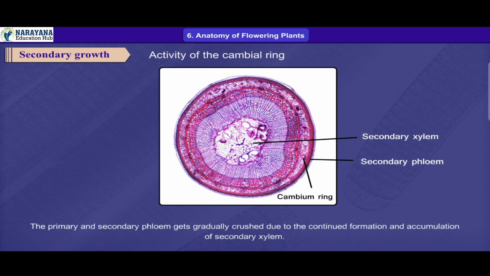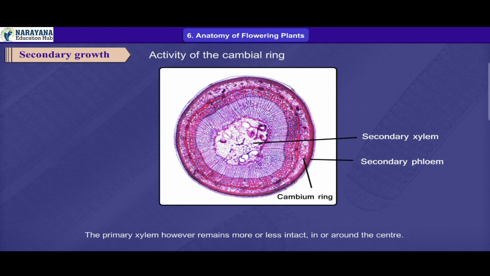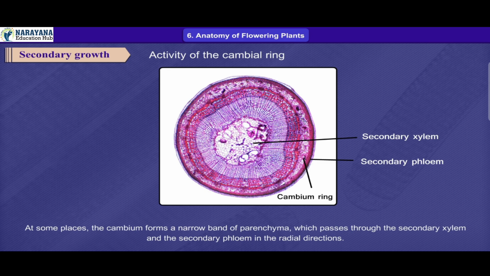The primary and secondary phloem gets gradually crushed due to the continued formation and accumulation of secondary xylem. The primary xylem, however, remains more or less intact in or around the center.